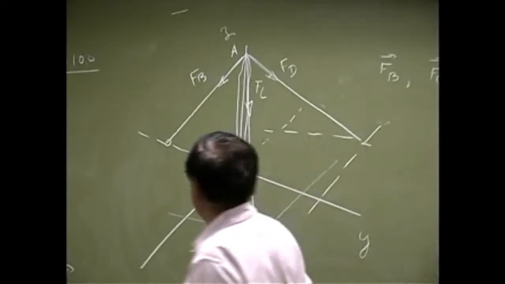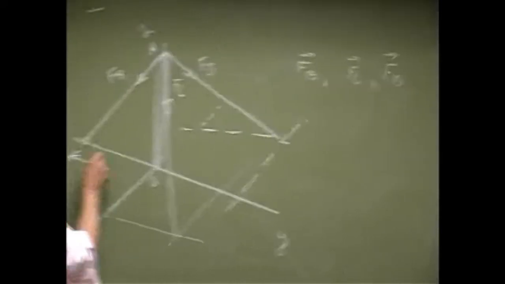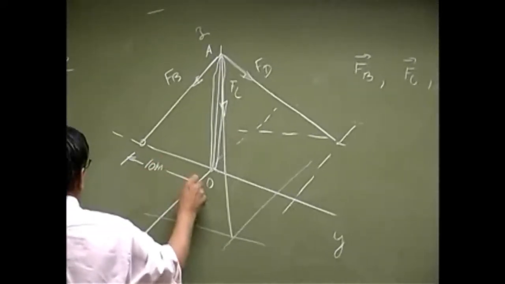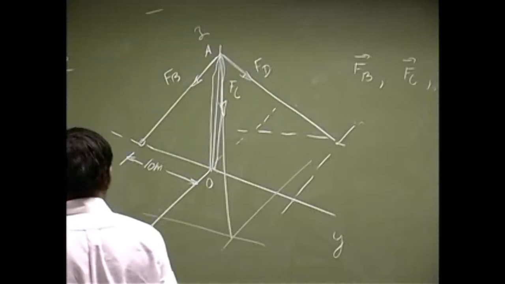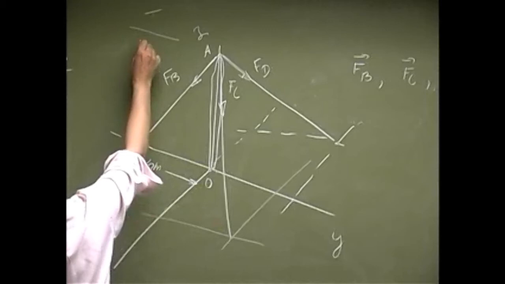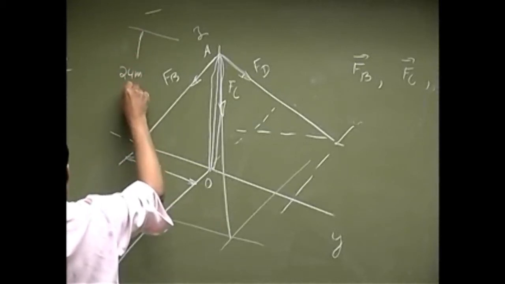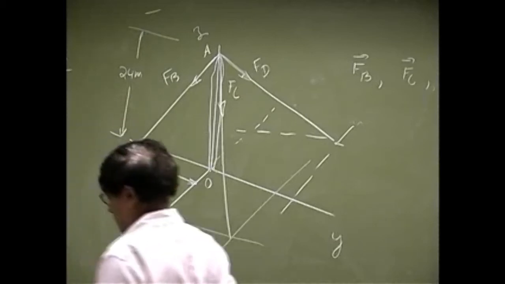Then you're also given some lengths here. For example, you have this length here, which is 10 meters. Then you have another length here, just the height of the pole, as 24 meters.